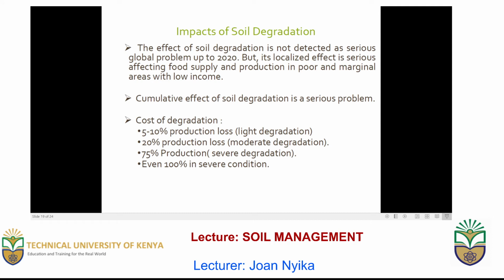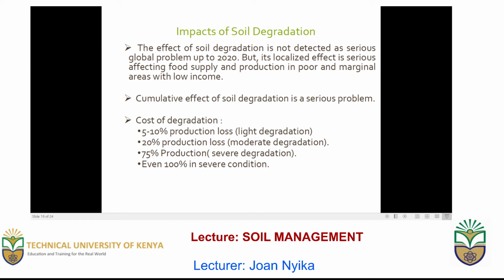But what are the impacts of soil erosion, soil degradation? The effect of degradation has not been detected as a very serious global problem even up to now. But its localized effects, in terms of crop production and food supply, especially in developing countries, or what we call the ASALs, the arid and semi-arid areas, are very huge.